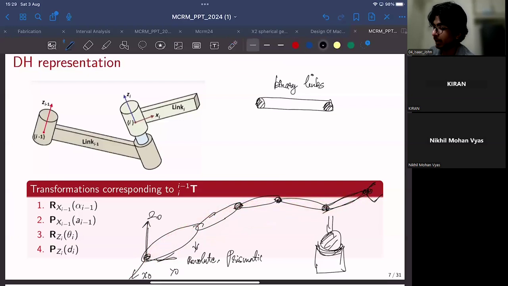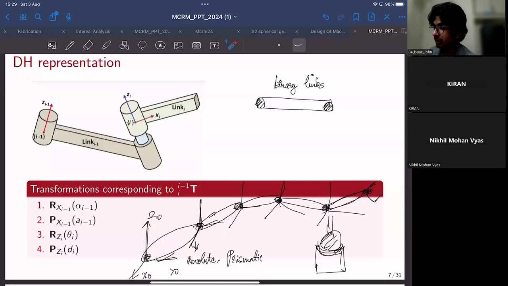And you can do so by attaching frames of reference on each of these links, right? Once you have attached a frame of reference on a rigid body, the frame is a representative of the rigid body. So now it has turned into a matter of transmitting information between these frames of reference to exactly know what each of these rigid bodies is doing.